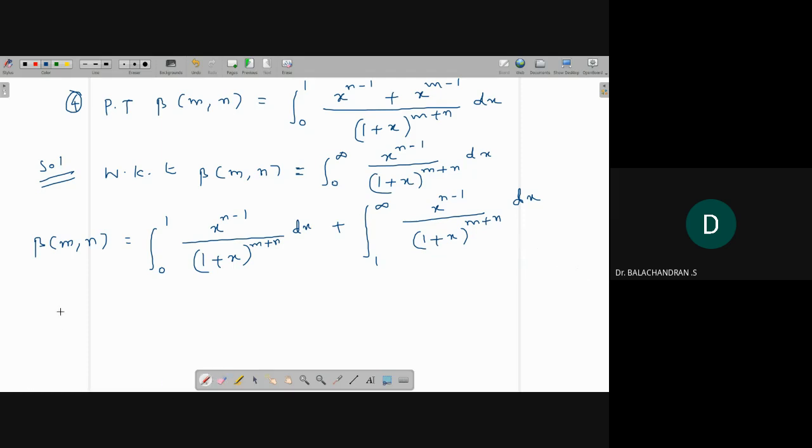In the second integral, I am going to put x is equal to 1 by y. Now what is dx? dx is equal to minus 1 by y square dy.